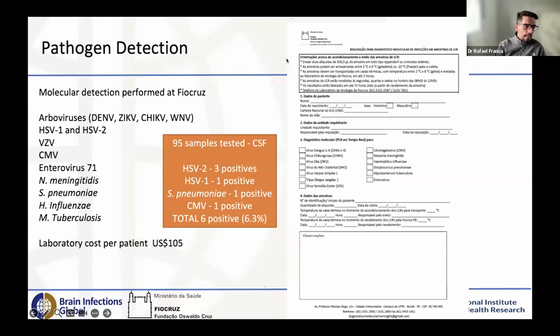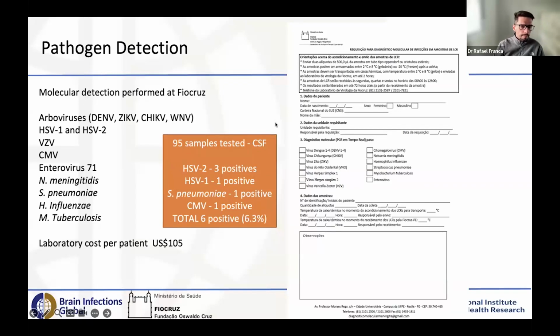enterovirus 71. And from a few samples we tested, not all the samples or the patients that were included in the study, but from 95 CSF samples we tested, we molecularly detected 3 positives with HSV2 infection, 1 HSV1, Streptococcus pneumoniae in 1 positive, CMV 1 positive, and we increased the total number of positive samples by 6%.